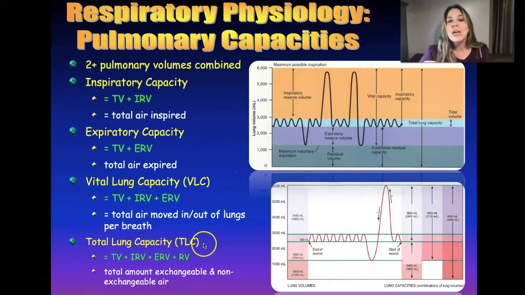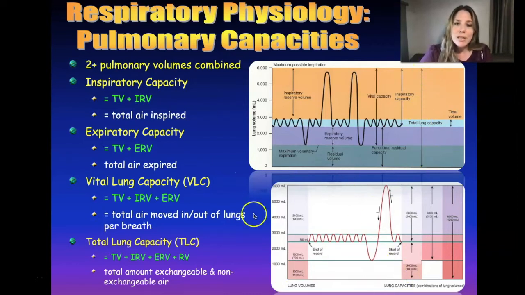So your total lung capacity, TLC, is going to be tidal volume plus your inspiratory reserve volume plus your expiratory reserve volume plus that last little residual volume. So basically the whole thing, total lung capacity, includes residual volume, expiratory reserve volume, tidal volume, and inspiratory reserve volume. So that whole thing gives you your total lung capacity.